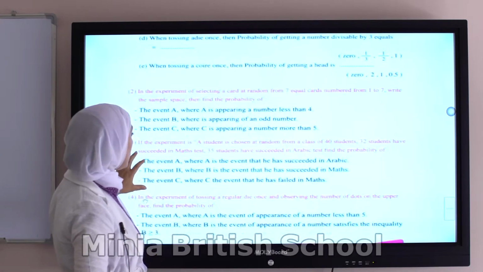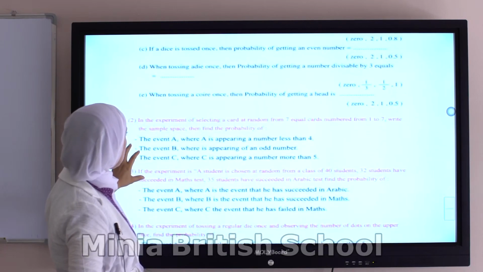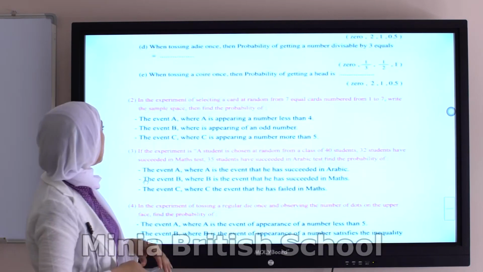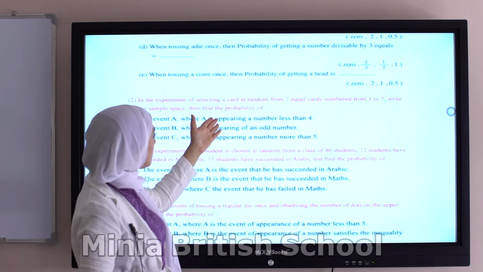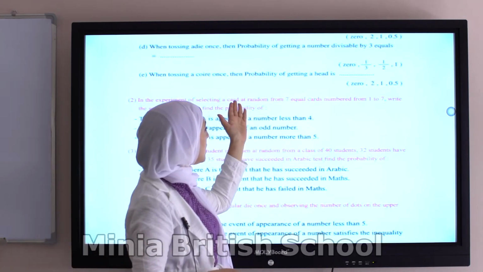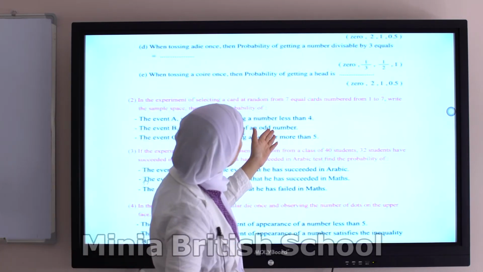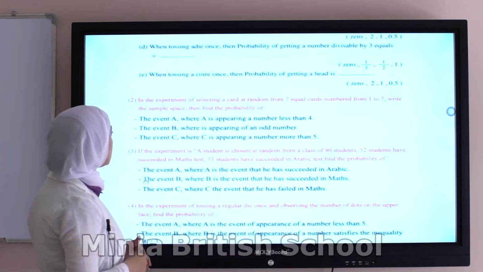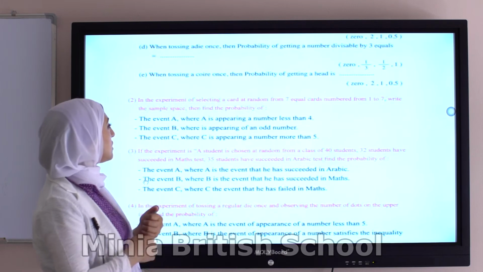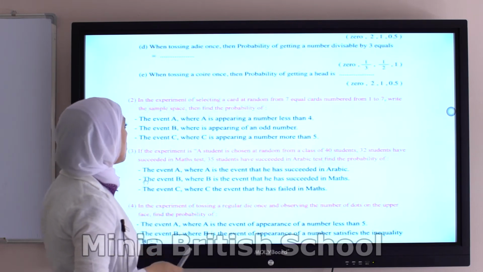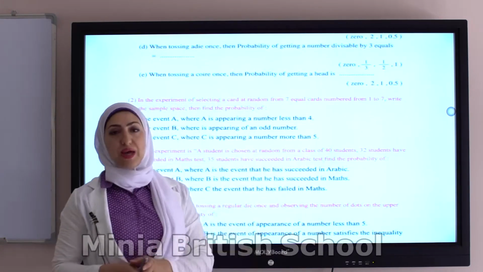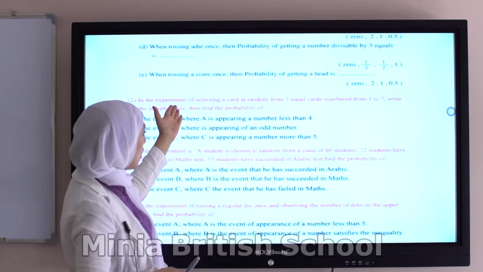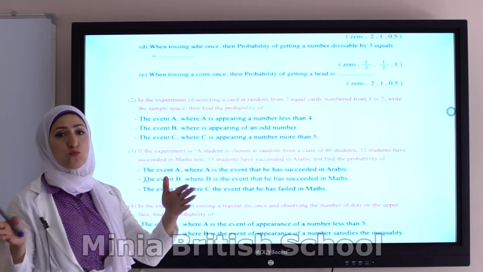Okay. Here, if you see in your lesson or in your book, in the experiment of selecting a card randomly from 7 equal cards numbered from 1 to 7, write the sample space, then find the probability of. What is the sample space here? There are 7 cards numbered from 1 to 7.